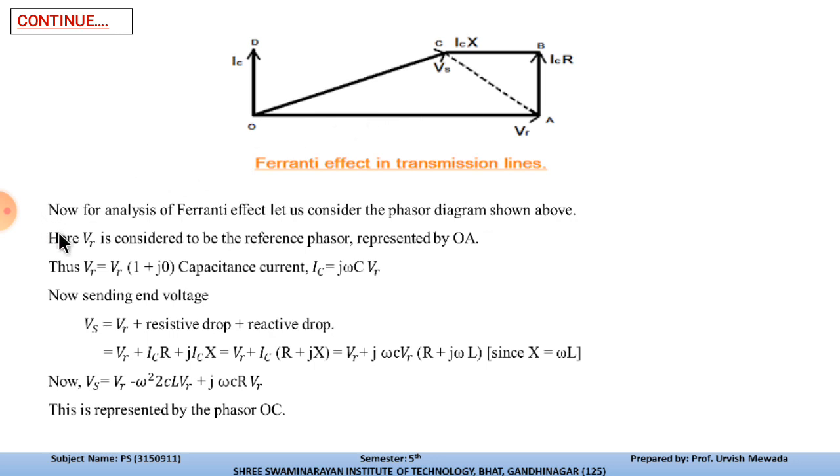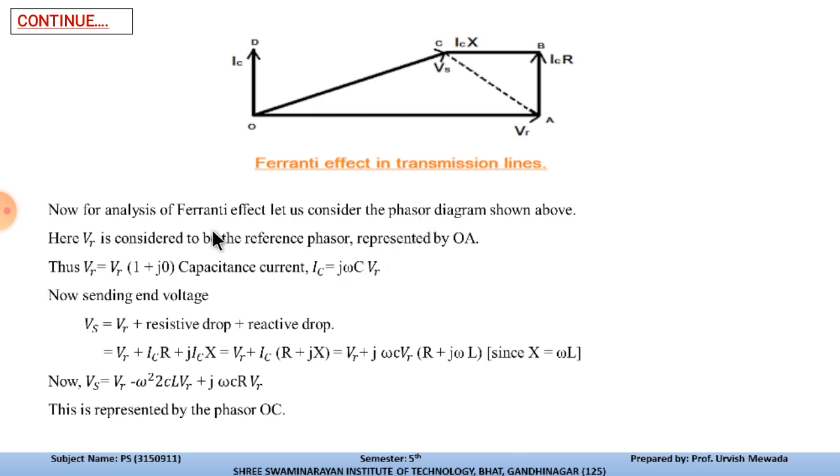Let us consider the phasor diagram shown above. VR is considered the reference phasor, indicated as OA. Thus VR is equal to VR times 1 plus j0, because it is the reference, so there is no angle. Now the capacitor current is 2πfC times VR, as we know V is equal to I into R, but here 1 upon XC is 1 upon 2πfC, so jωC times VR.